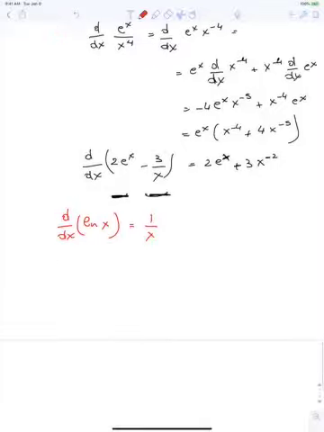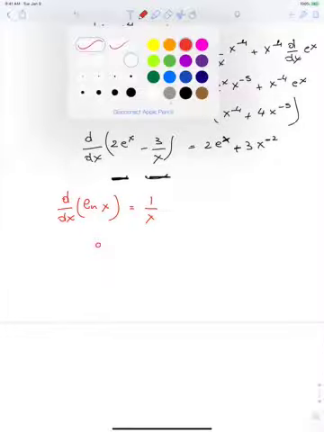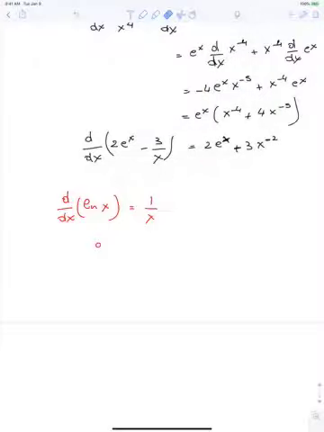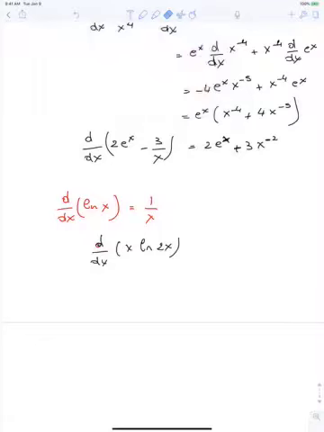So if we have, for example, the derivative of x times the log of 2x, well, I haven't shown you one rule yet, so let's wait to do this. Let's simply do x times log of x.